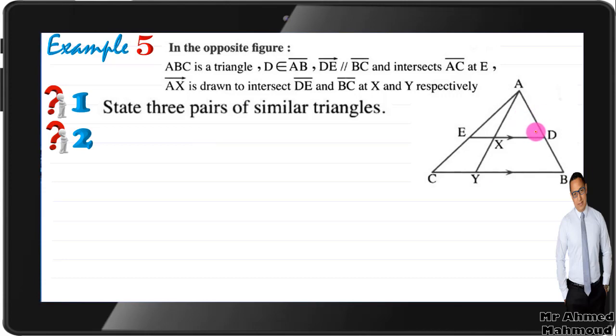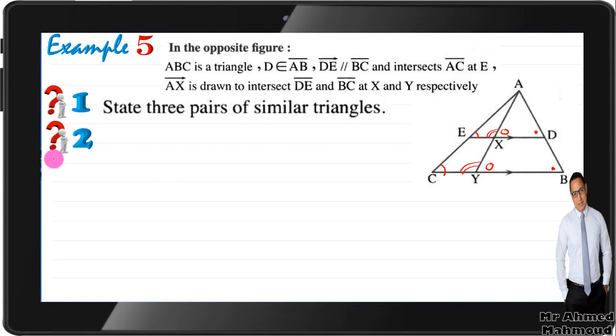Here angle D equals angle B, angle X equals angle Y, angle E equals angle C, angle AXC equals angle AYC.